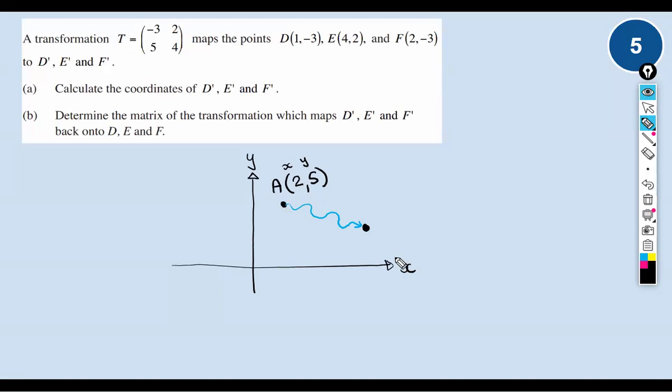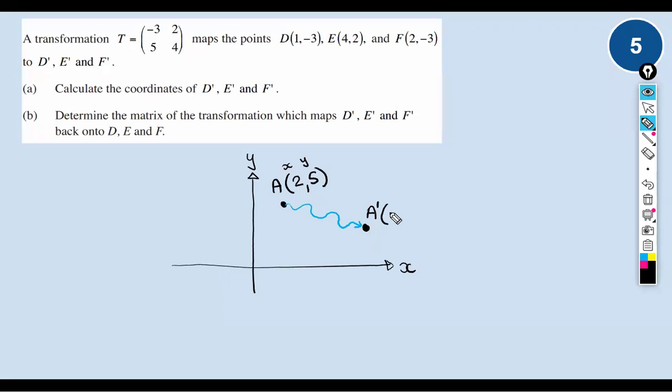No. You have to call it a completely different letter because the letter A has already been occupied. So most examiners will call the new point A prime. They put a little dash on top of it. And because A has been dragged to a new position and it has a different name now, A prime, does everyone agree that the coordinates of A prime will be different?